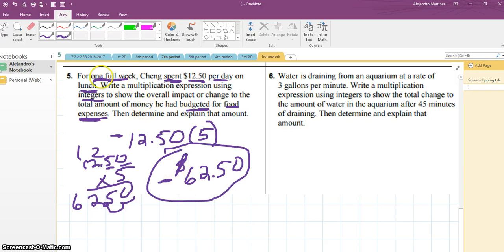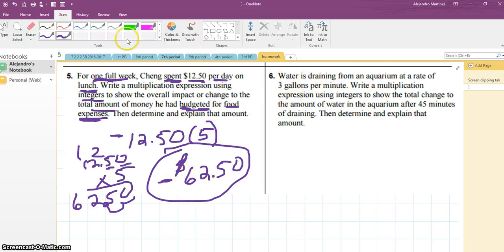Okay, so remember, en una semana entera, él gasta $12.50 por día. Quieren que escribas una expresión de multiplicación usando los números enteros. Okay, so how much change? Todo el amount de su presupuesto para las comidas de lonche. Ahí vamos a ver $12.50 por día, por 5 días, es lo que vas a total.